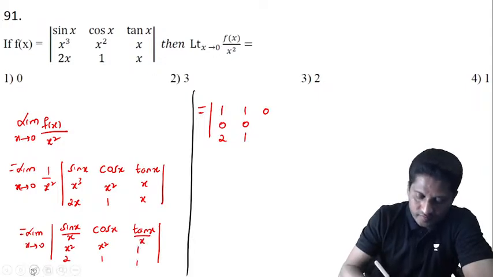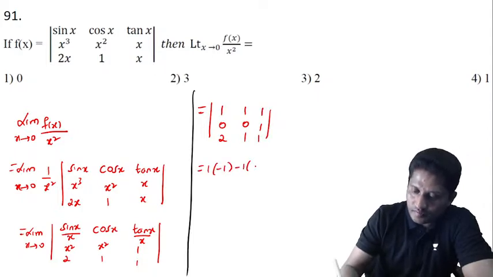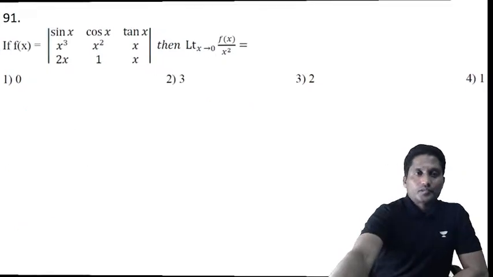Tan x by x is 1. 1 and then this is 1 and 1. This will be minus 1. First row, second column you get 0, minus 2. First row, last column you get 0. Minus 1 plus 2, which is equal to plus 1. Answer is option D.